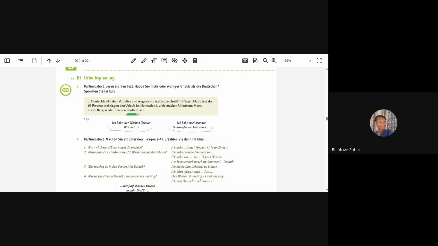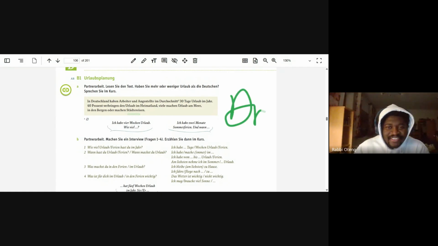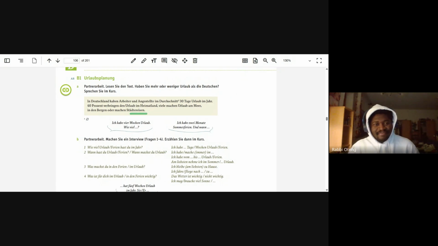So it's die Stadt, the city. The plural is die Städte, or Städtereisen. In Deutschland haben Arbeiter, the AR ending, we say R. So that's das Fenster, der Fernseher, der Cooker.